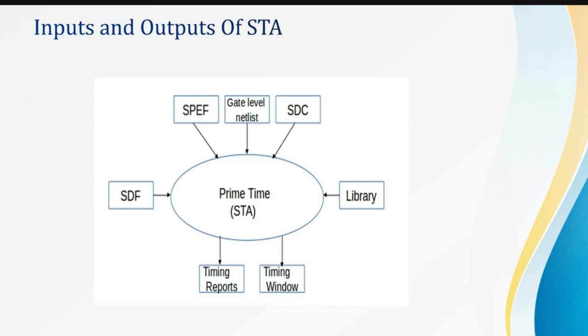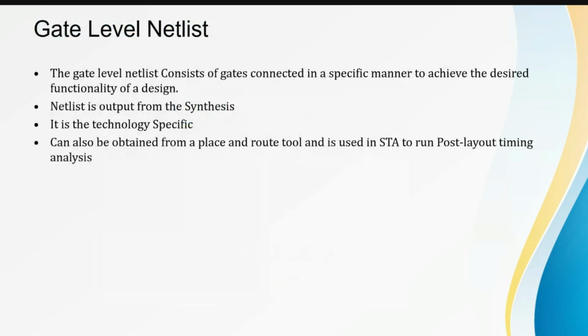We'll see one by one what the inputs are and what they contain. The first one is the gate level netlist. Sometimes it will be given in the VGS or in the .v format. The gate level netlist contains all the information of your design, how the connections are made.